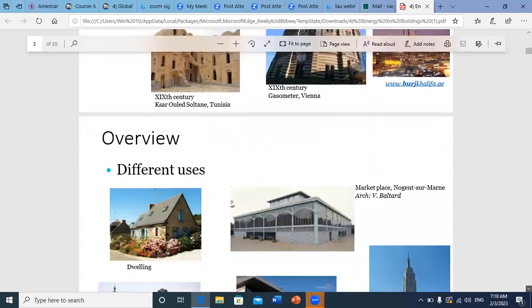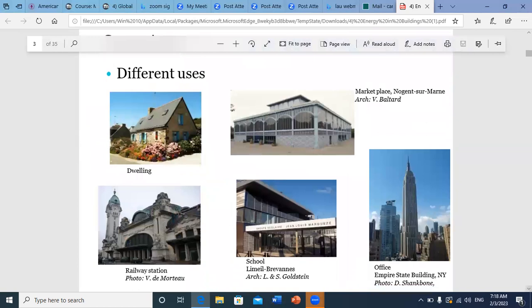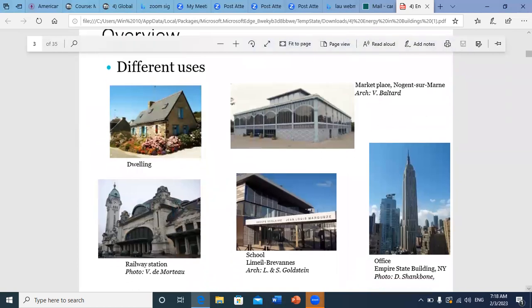Now, we have different uses of buildings. So we know that we can have, let's say, offices, office spaces, schools, residential buildings, etc. And of course, depending on the use, the strategies will be different in order to use the energy in an efficient way.